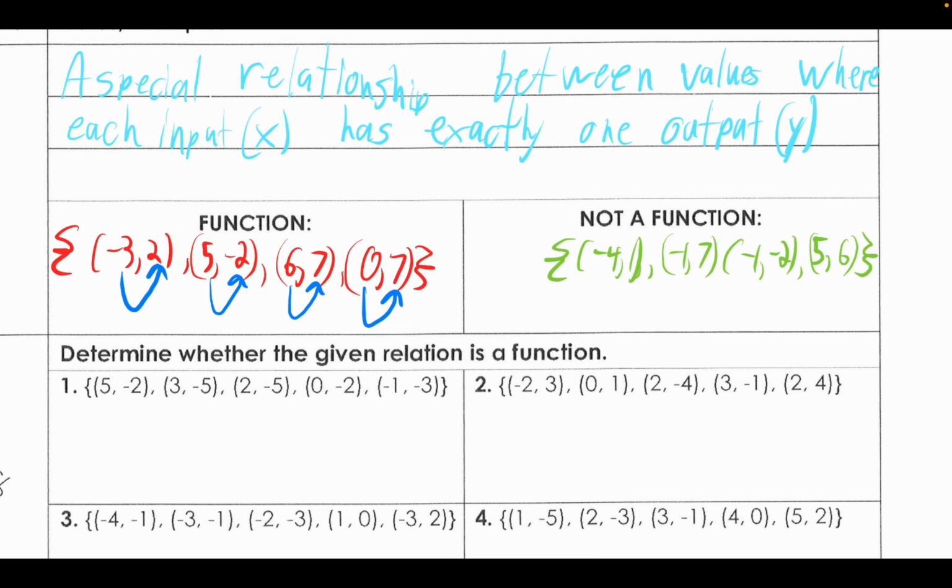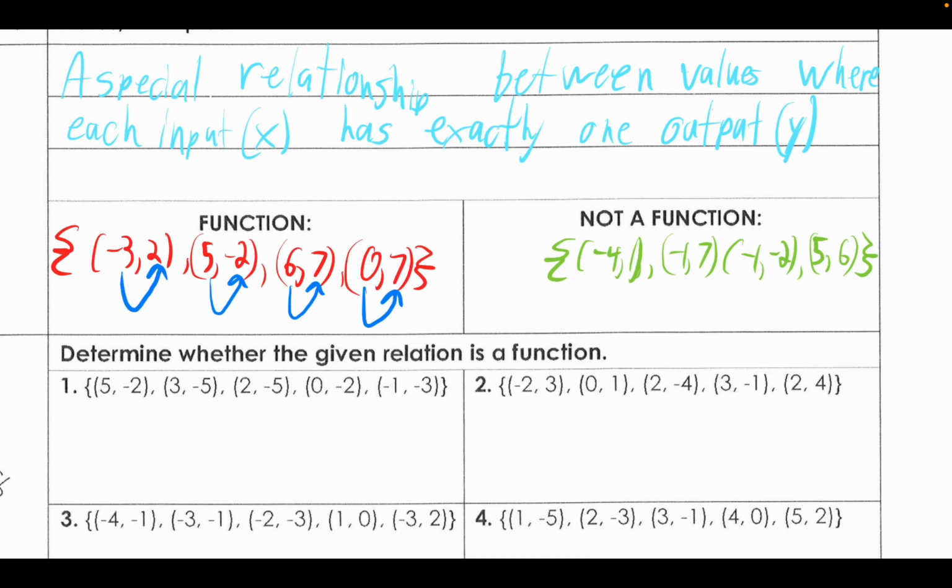And because none of the x's repeat, you don't have 6 going to 7 and 6 going to 5, for example. You only have 6 going to one thing. You only have 0 going to one thing. Even though 6 and 0 both go to 7, that's okay because that's 2 x values having one y value. What we're concerned about is making sure that each x value only has one y value, which is the case. 6 has a y value, 0 has a y value.